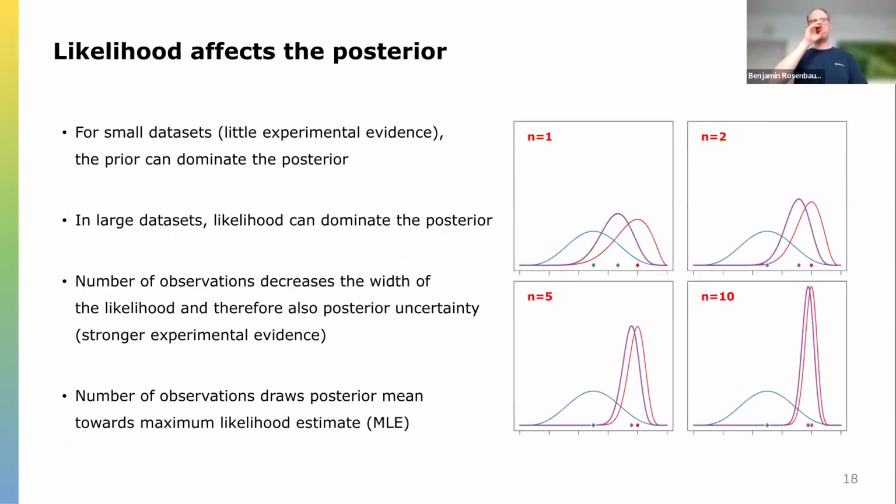So for small data sets, the prior usually dominates the posterior. But I mean very small data sets here, just 1 or 2 observations. Whereas for large data sets, usually the likelihood has the strongest influence on the posterior.